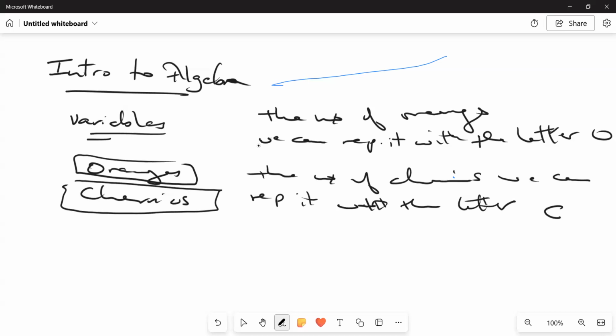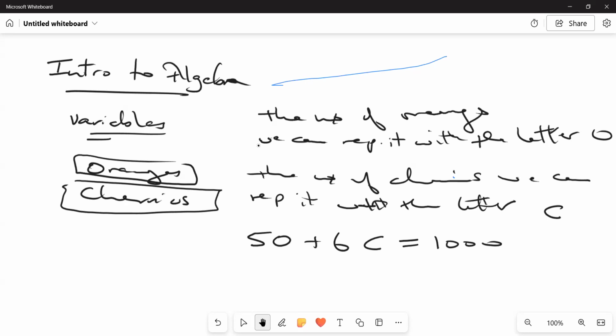So 5 pounds of oranges will be 5O, 6 pounds of cherries will be 6C, and if the person spends $1,000 to buy this, and then sells a pound of orange for so much and a pound of cherry for so much, how much money will they earn and what will be their profit?